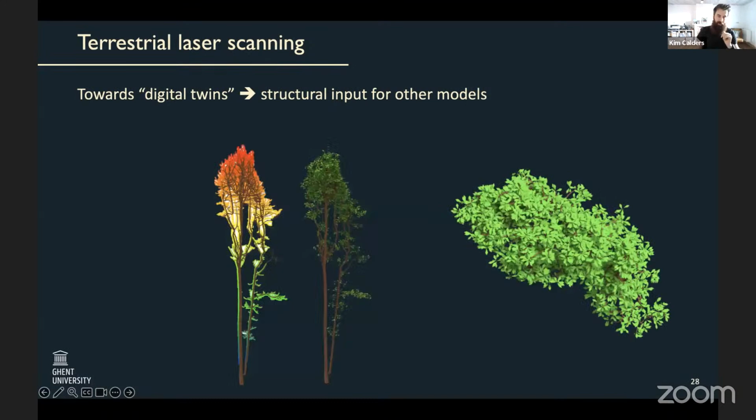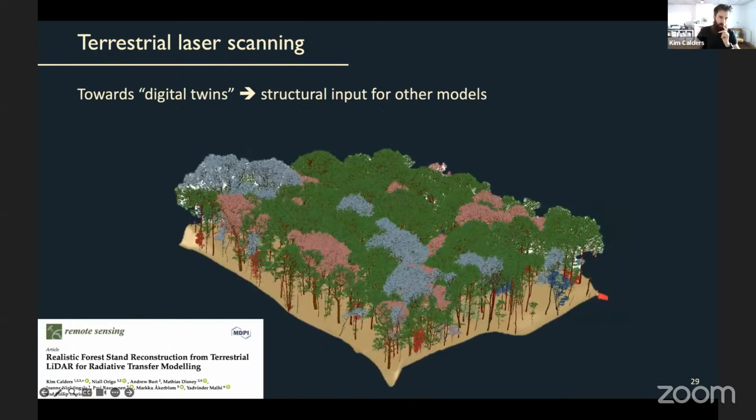When we want to make these digital twins, again, you have the QSMs here, which you see in brown, but we need to add on the leaves, and we need to allocate spectral information if we want to use this, for example, with radiative transfer modeling. So here, again, you have the complete stand in Wytham Woods, which we also put leaves on.